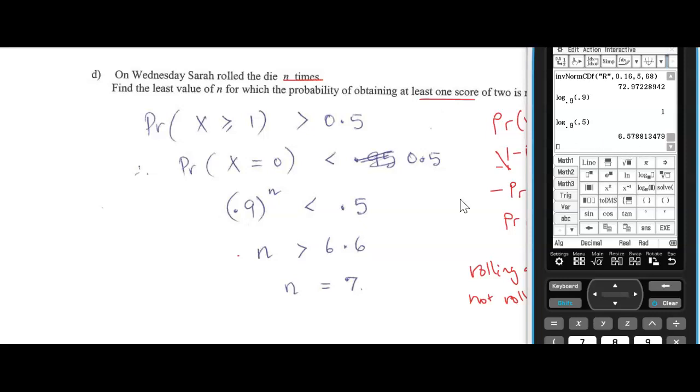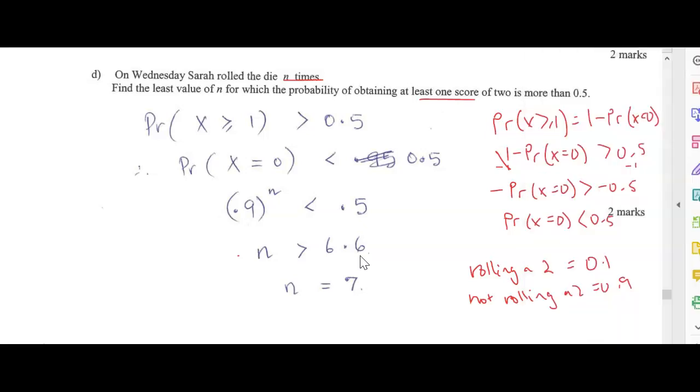Now you will notice that your inequality sign now changes direction because when your base is between 0 and 1, so here it is 0.9, it is a negative. But because 0.5 is also between 0 and 1, you've got a negative, and a negative makes that positive 6.6.